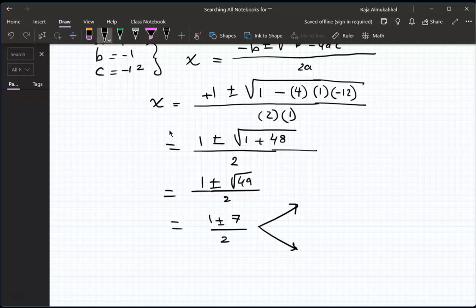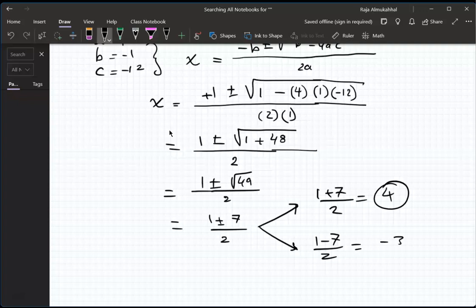Okay, so here I have 2 roots, 1 plus 7 over 2 and 1 minus 7 over 2. So that will be 8 over 2, which is 4, and then this one, -3. And there we go.